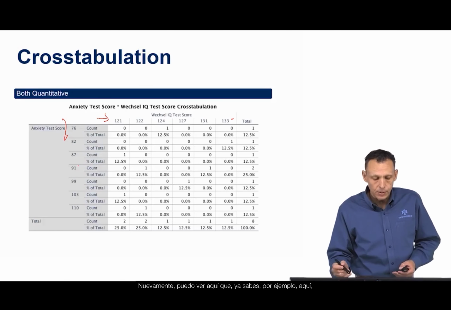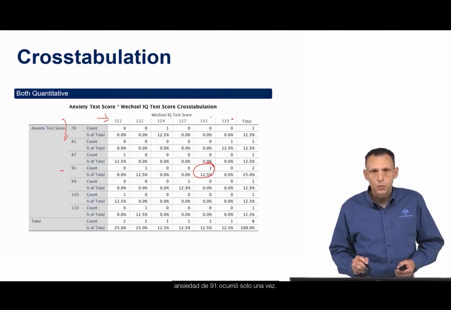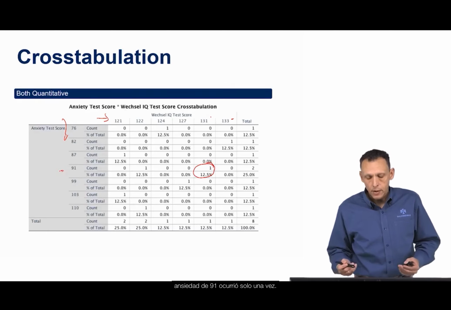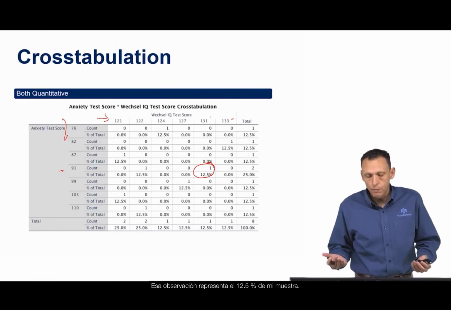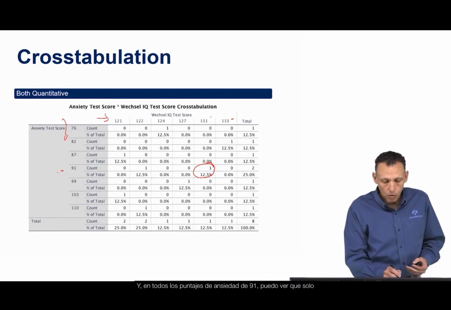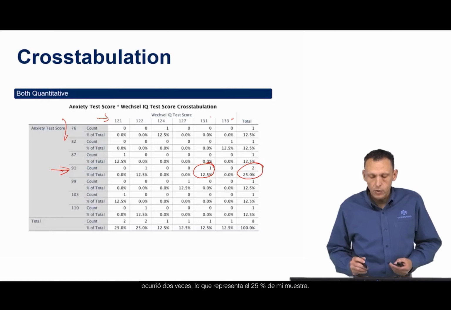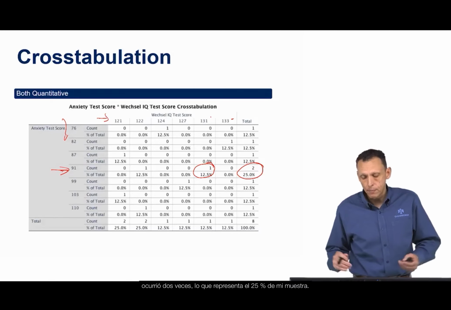Again, I can see here that, for example, I know that this one observation of an IQ score of 131 and an anxiety score of 91 occurred only once. That one observation represents 12.5% of my sample. And across all of the anxiety scores of 91, I can see it only occurred twice, which represents 25% of my sample.